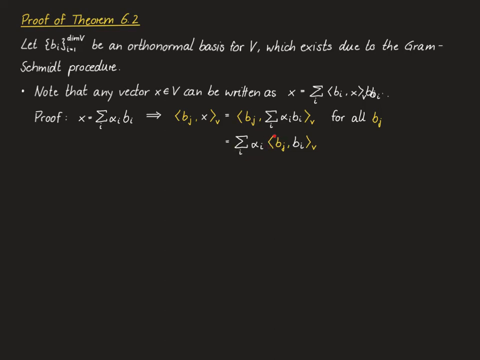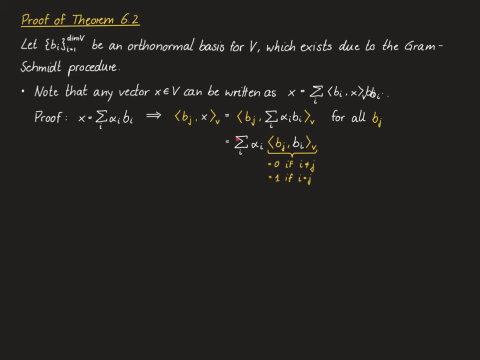And now we get here the inner product of b_j with b_i. But since the basis vectors form an orthonormal basis for V, this means that the inner product is 0 if the indices i and j are not equal, and the inner product equals 1 if the indices i and j are equal.